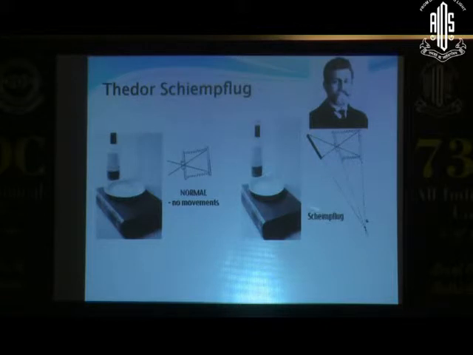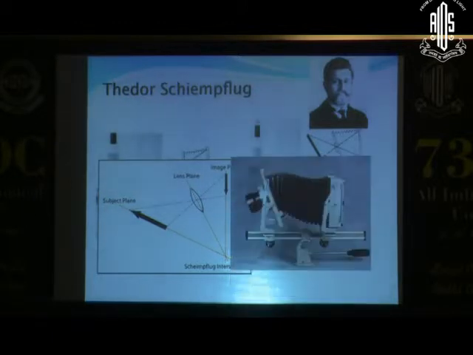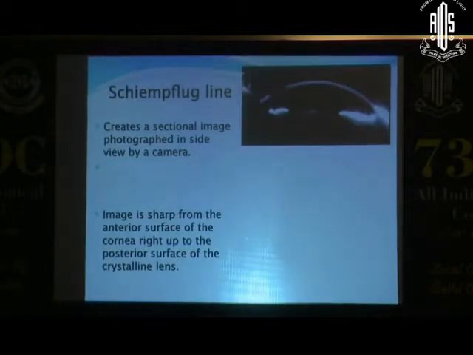But Scheimpflug devised a principle where he could increase the depth of focus of the camera, and he just proposed that by keeping the image plane and the camera lens plane at an angle to each other, they came together at a particular point called the Scheimpflug intersection, and this helped to improve the depth of focus of the image, achieving a better clarity of an image and then a better representation of data obtained. This is used in view cameras, which are used for film photography while filming landscapes or very tall buildings.